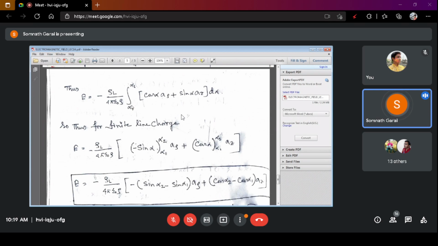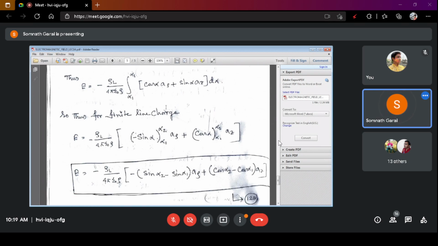So, after calculating this integration, the integral of cos alpha is sin alpha, and the integral of sin alpha is minus cos alpha, with limits alpha 1 to alpha 2, that is the upper limit and lower limit.